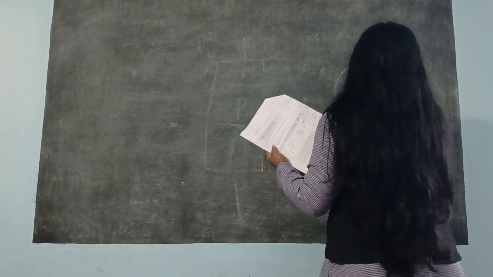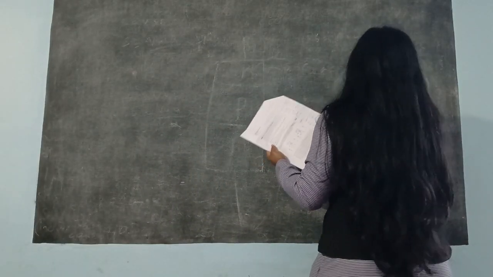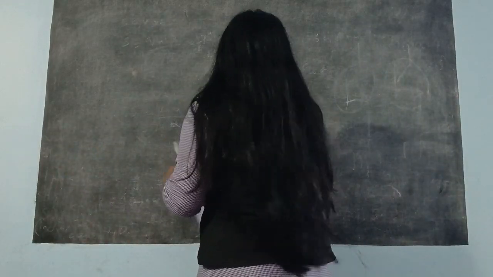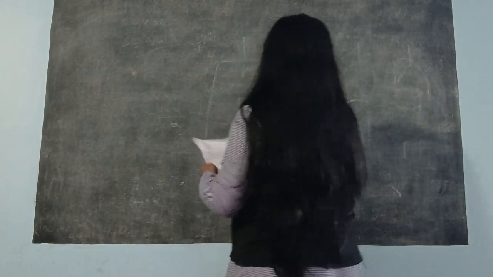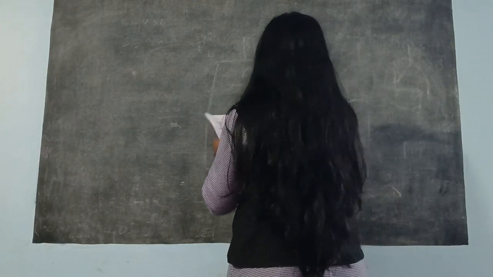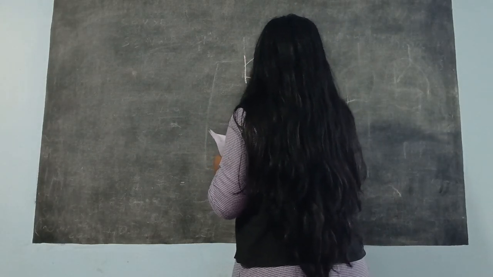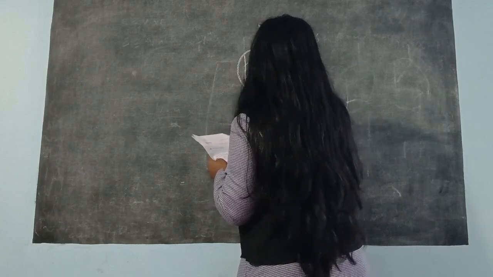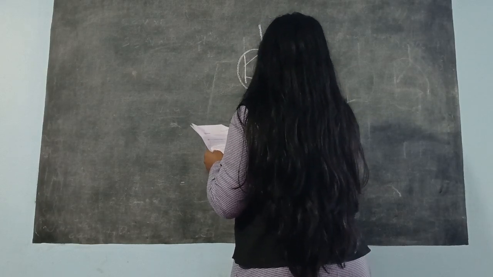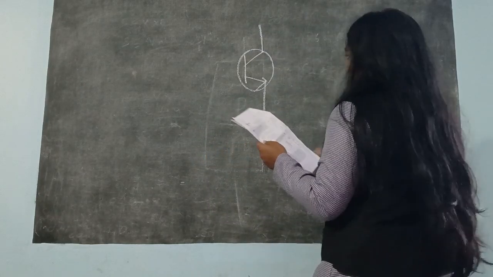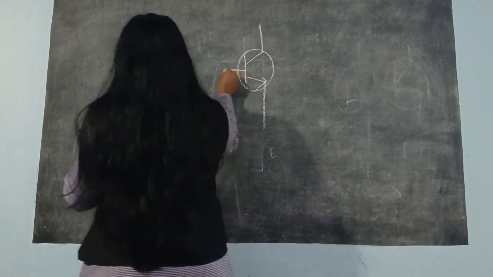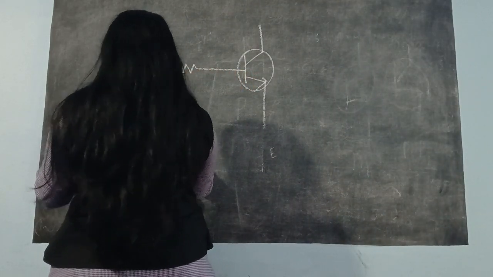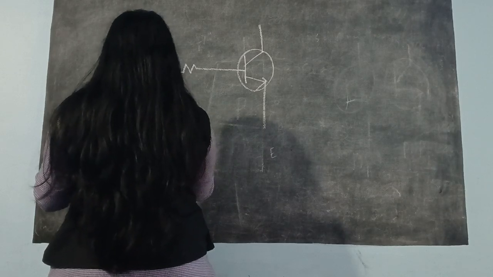Now we are going to connect the transistor to external voltage sources. Here we are considering an NPN junction transistor. So we are connecting the base to a resistor and then to a DC voltage source.